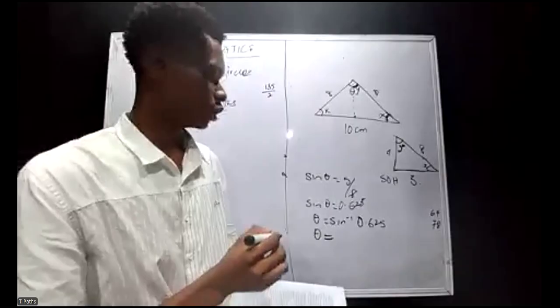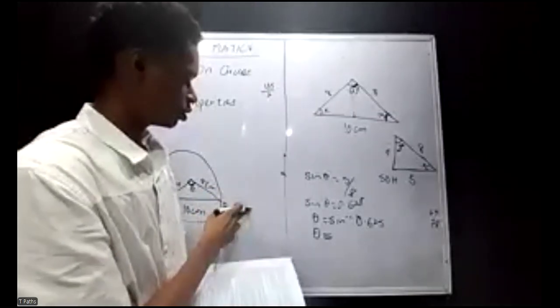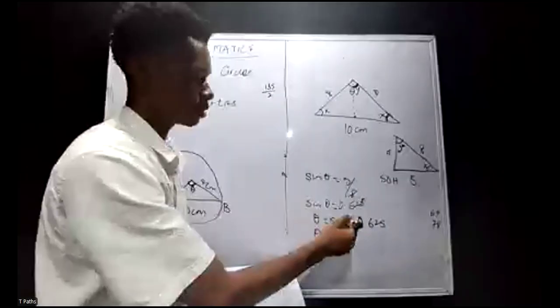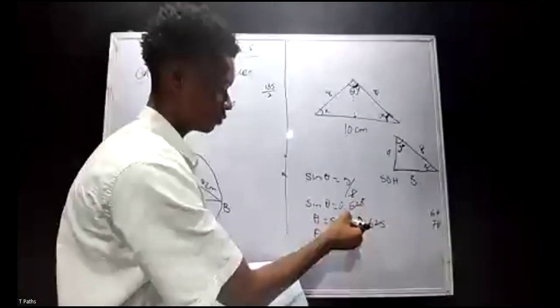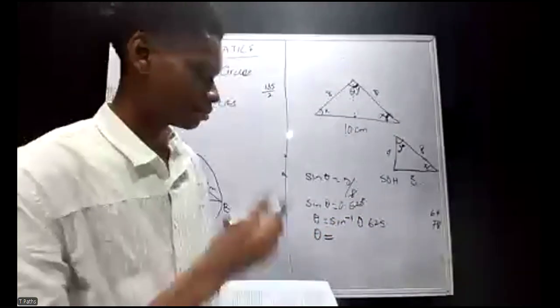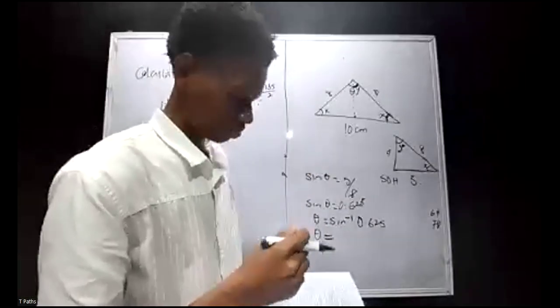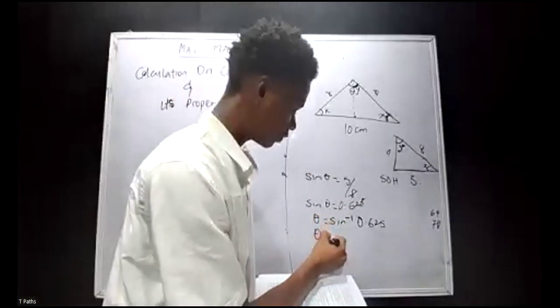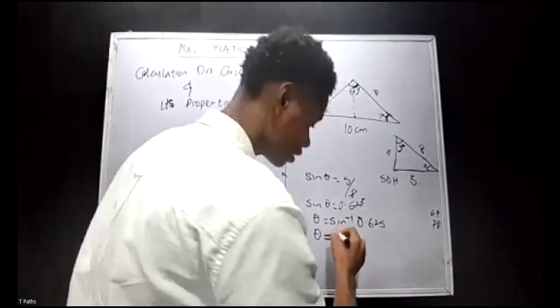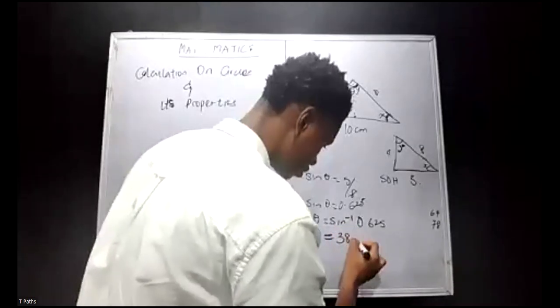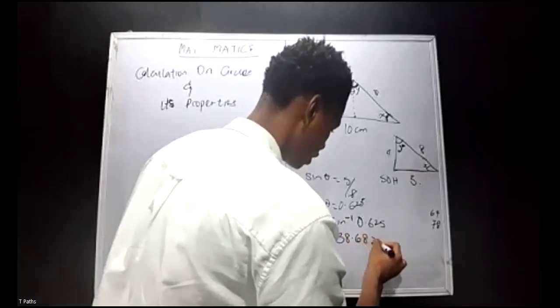On your calculator, you press shift and the sine function, then 0.625. So you should get something around 38.682. All right, that's correct.